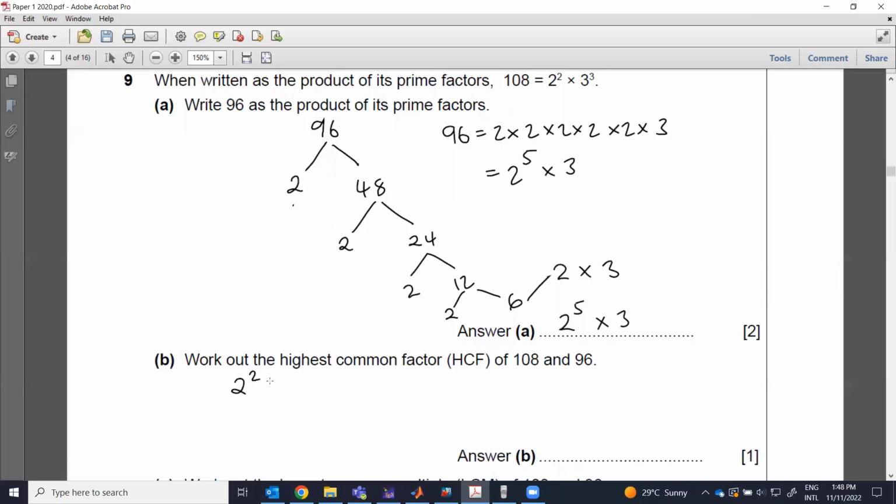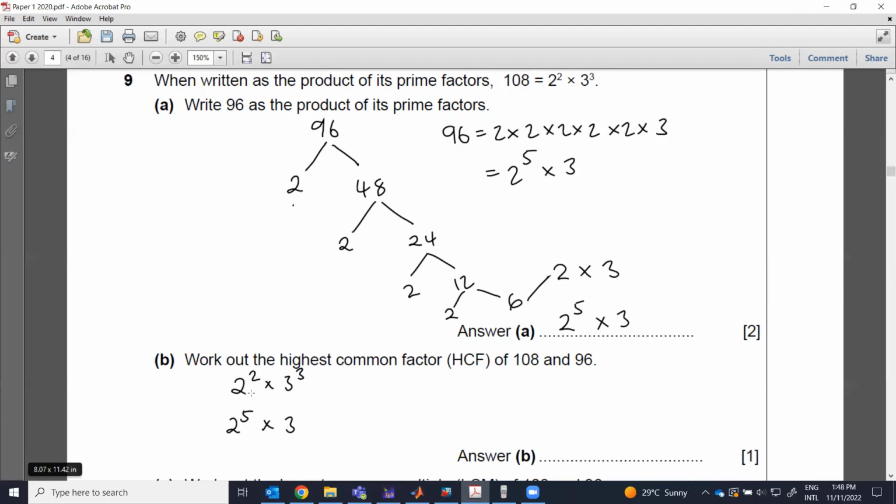This is 2 squared times 3 cubed, and 96 is 2 to the power of 5 times 3. This is just 3 to the power of 1. So what you try and do here is make a number that is the same using the factors of 108 and 96.